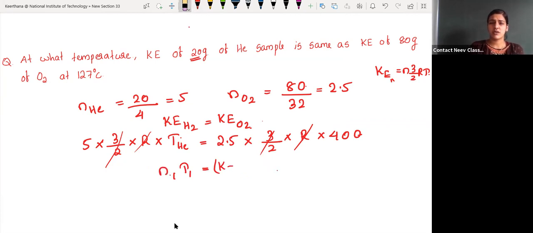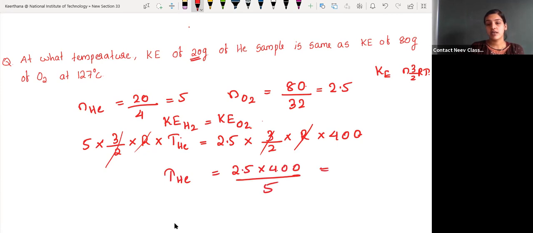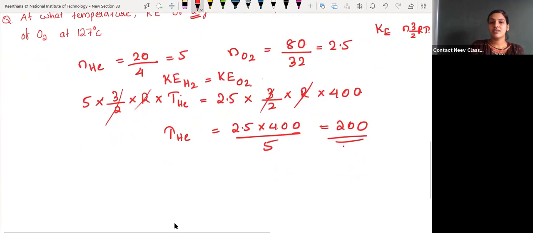That you can't apply. Actually, kinetic energy is constant here, so N1 T1 is equal to N2 T2 you can write, but you don't need to think about it that much. So T of He is equal to 2.5 into 400 divided by 5, which is equal to 200. So the answer is 200 Kelvin.